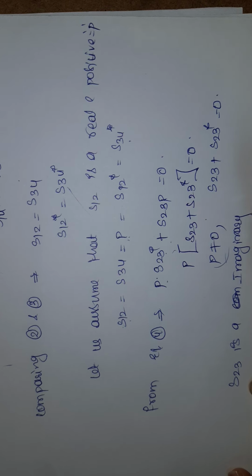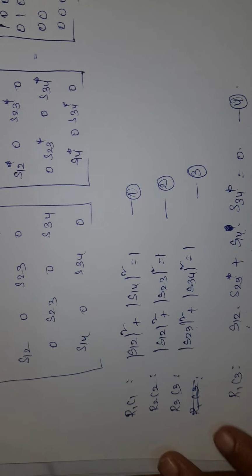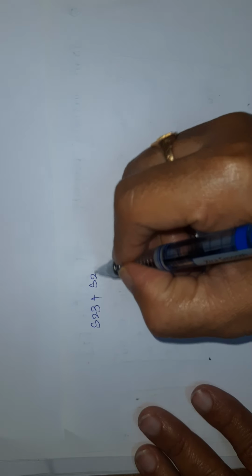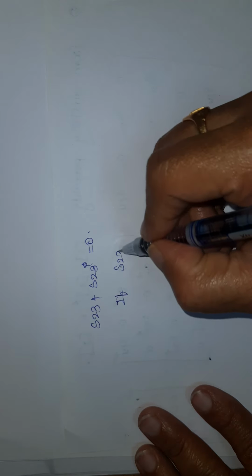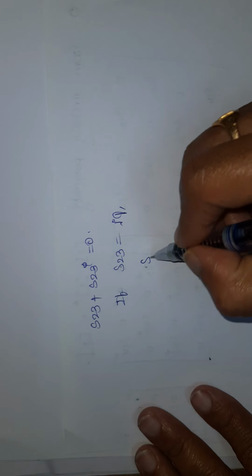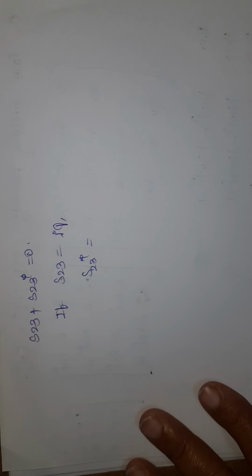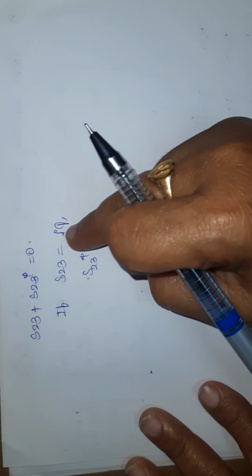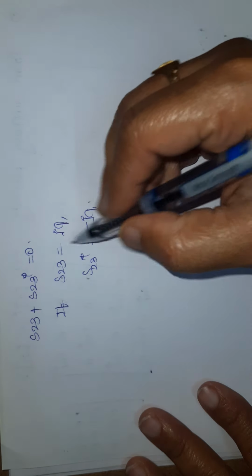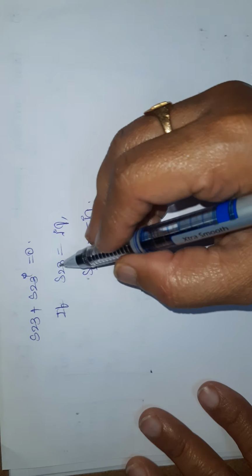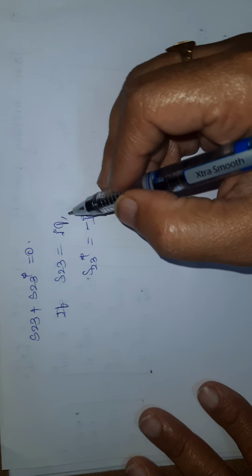How can I say that? If S23 is JQ, what is S23 star? S23 star is its complex conjugate. Complex conjugate means wherever we have J, that can be replaced by minus J. So it will become minus JQ. Then if I add these two, I will get 0. So S23 should be an imaginary term.